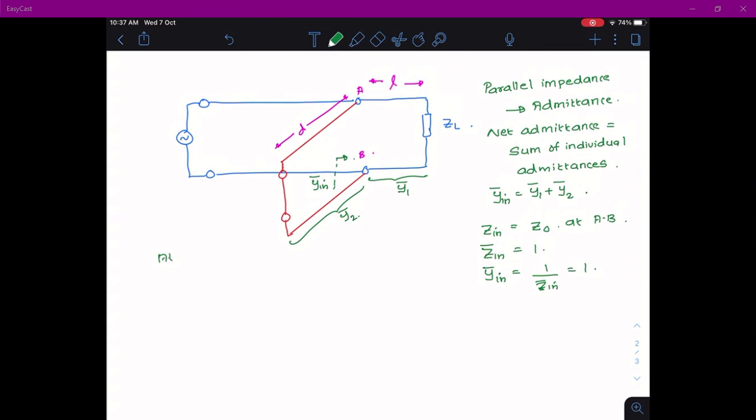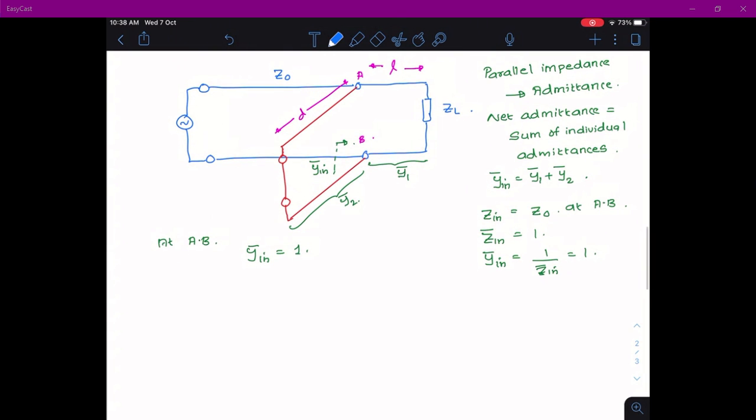So at the point AB, you should have Y bar in is equal to 1. So if this condition is met at AB, then you say that it is matched. Okay. So this transmission line has input impedance, characteristic impedance Z0.